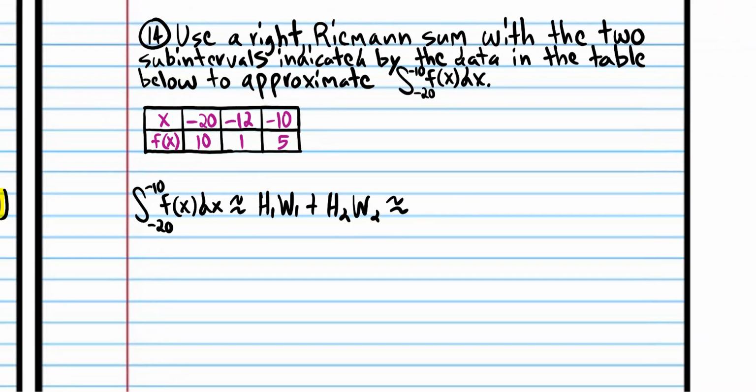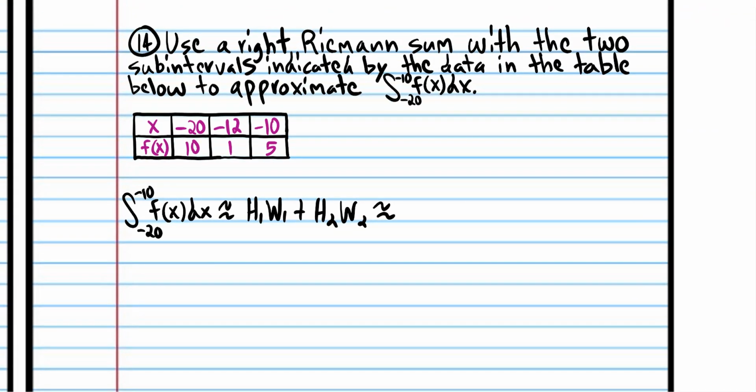So we're adding up the areas of 2 rectangles, and the height of the first rectangle again is 1, and the width of the first rectangle is the number farther to the right minus the number to the left. Then we're adding the height of the second rectangle is 5, and we're taking the number farther to the right and subtracting the number farther to the left.